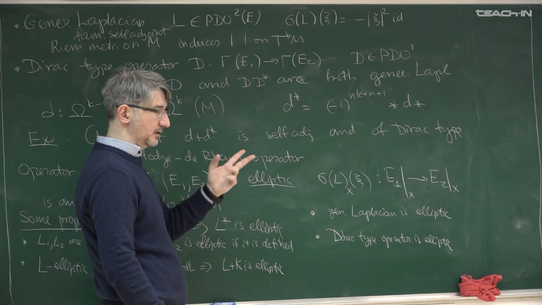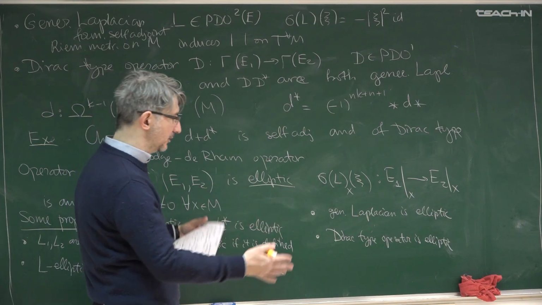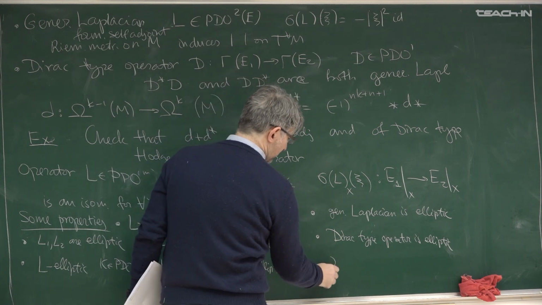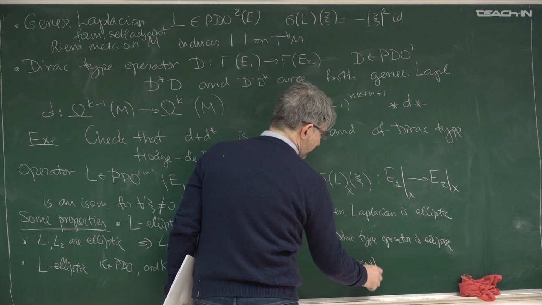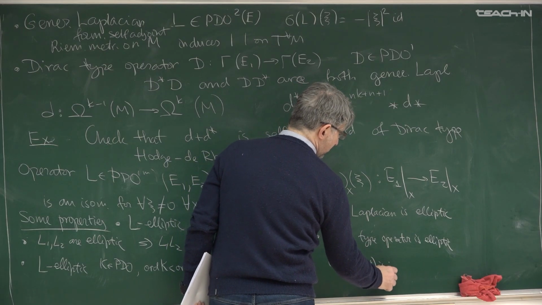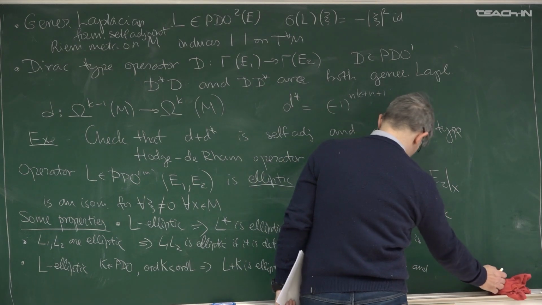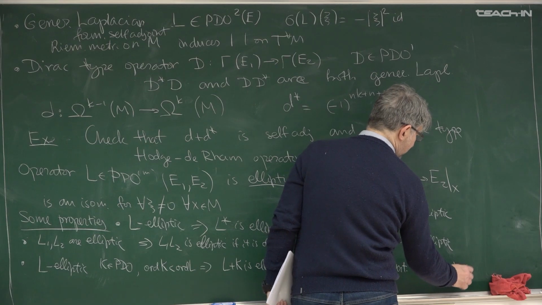So if you have two linear operators, you do not know the size of the matrices, but it has an inverse on both sides. Sigma D star is invertible and sigma D star sigma D is invertible.